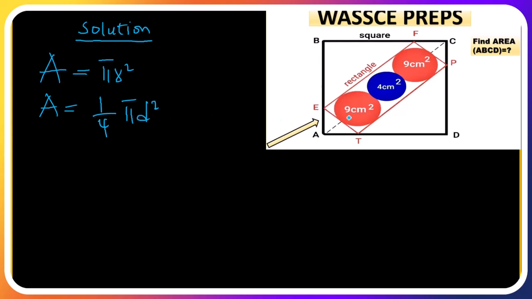For the first circle, we have a circle with area 9 centimeters squared. From this point, which is the center of the circle, from the center to the circumference is the radius. From the center touching the circumference of the circle is also the radius.